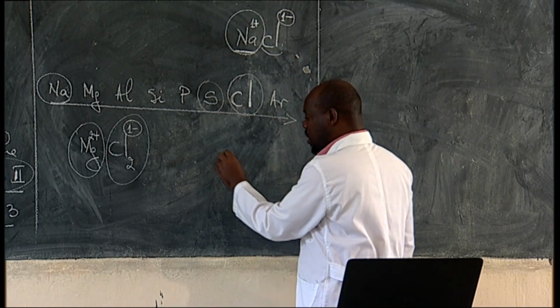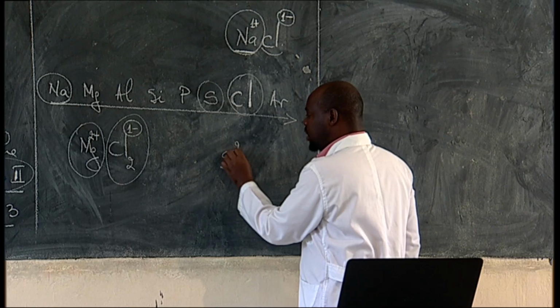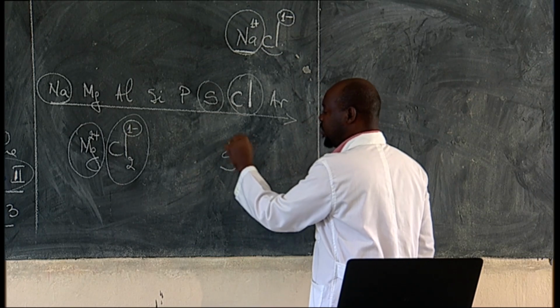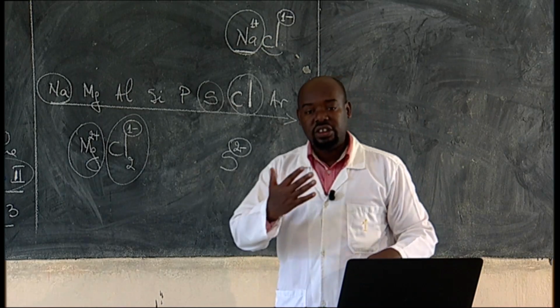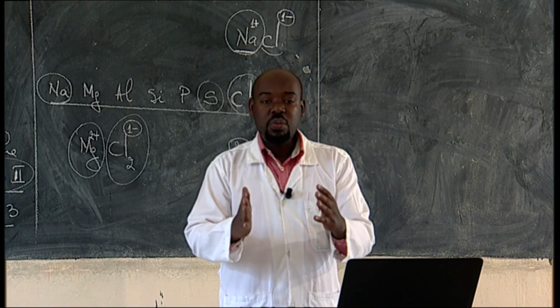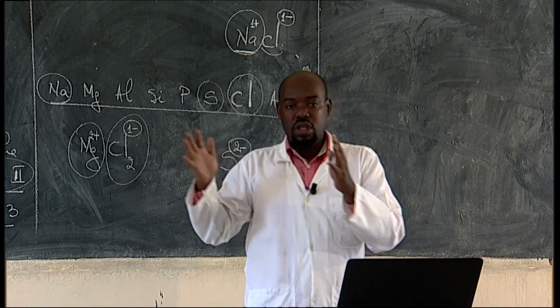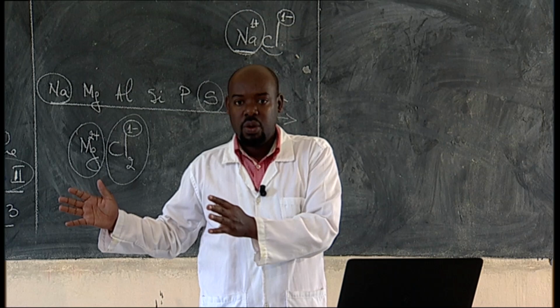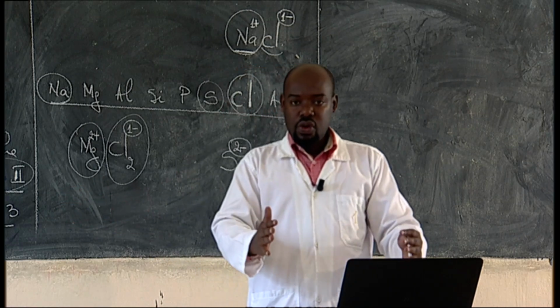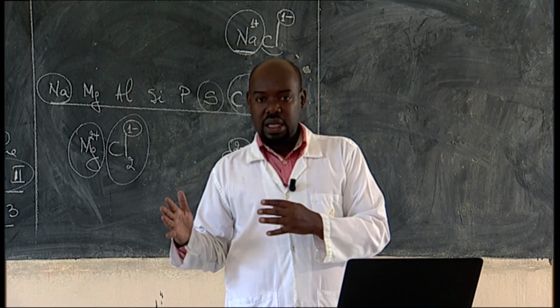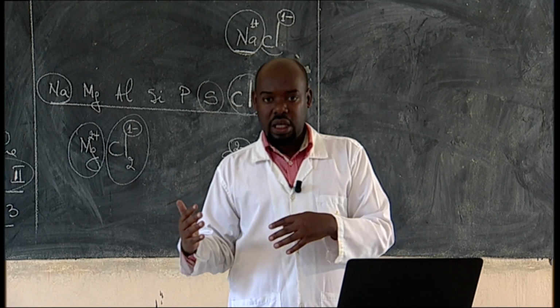I hope you remember the radical which is the sulfide with 2 negative, showing that it gains. So as we move from the left side of the periodic table to the right side of the periodic table, elements become less metallic and more non-metallic.